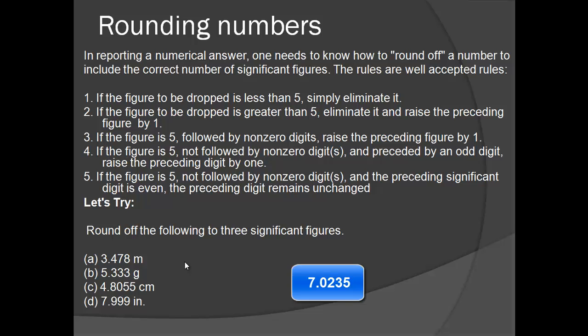And then the preceding digit is odd. So the number that's before the 5 is odd. Then I have to raise that 4th digit, the one that I'm trying to round, up, making my answer 7.024. Again, if the figure is 5 and it's not followed by any digits, so I've got 7.0235, that 5 isn't followed by anybody, and then that 5 is preceded by an odd number, then I have to raise that number up by 1 if I want it to round off to the 4th digit.